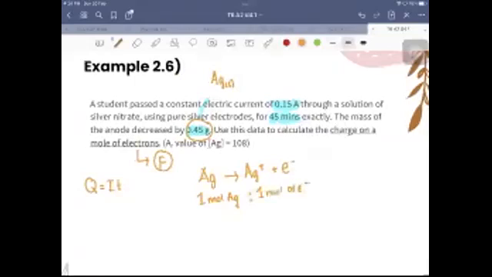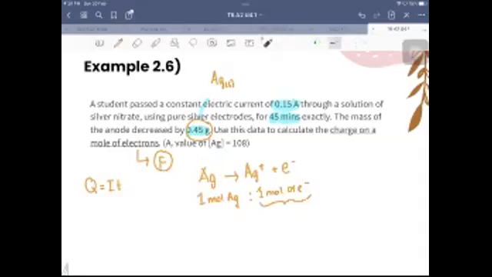So this is already the hint. We want to find what is the charge when 1 mole of electrons is being released. That is equivalent to the formation of 1 mole of silver ions, or the decomposition of the silver solid.